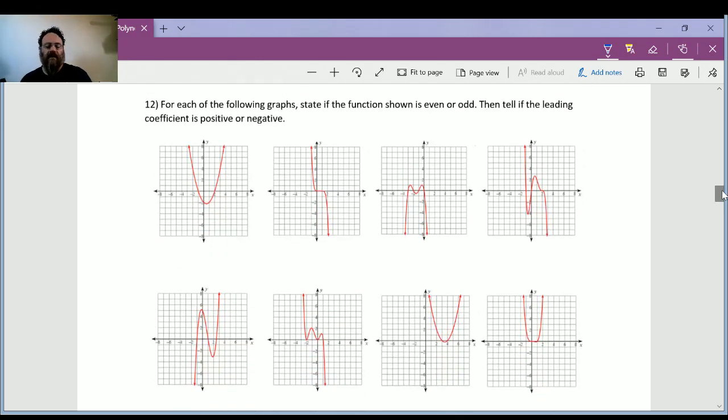Please identify if each of these are even or odd just by looking at the graph, and identify if they are positive or negative, again just by looking at the graph. Take a moment to do that right now, please. I'll give you just a couple of moments. I will answer some Reminds while you're doing that.